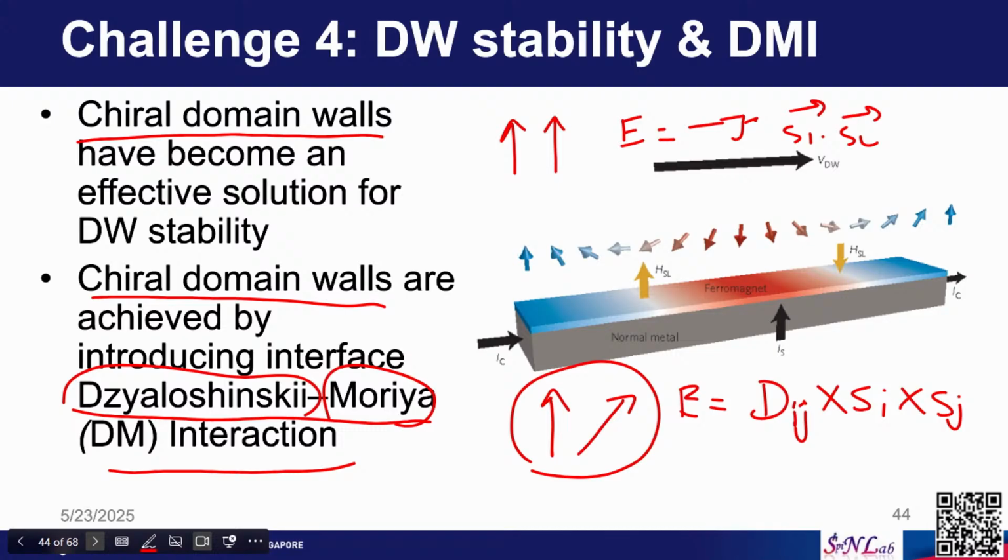That means if you take two spins, the cross product is orthogonal to both, and this D_ij is also a vector that will be again orthogonal to the two spins.